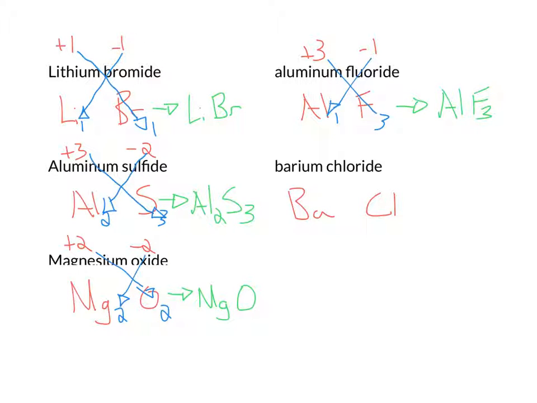Barium is in column 2A, so it's going to have a charge of +2. Chlorine is in 7A, so it's going to have a charge of -1. We can do our crisscross. Barium will have a 1, Cl will have a 2. So our new chemical formula is going to be BaCl2.